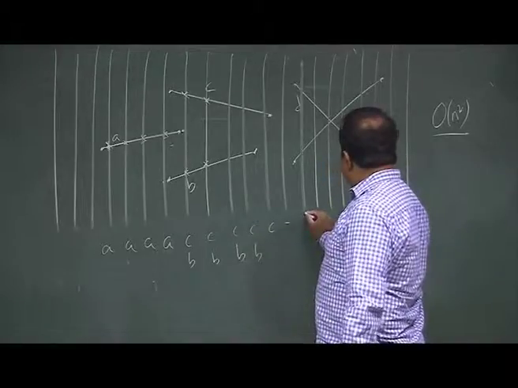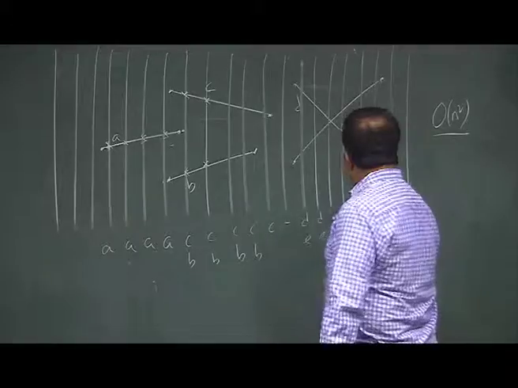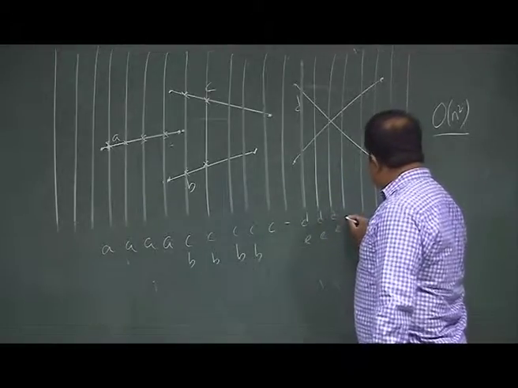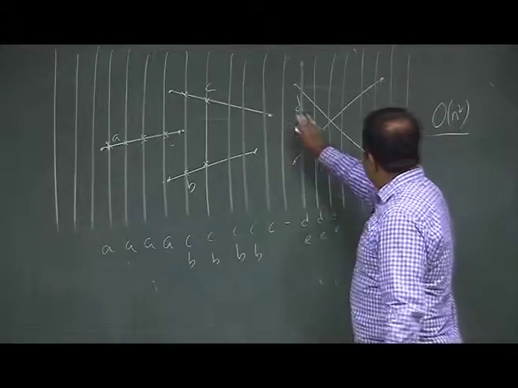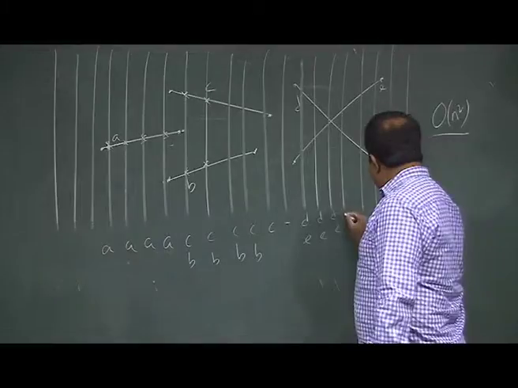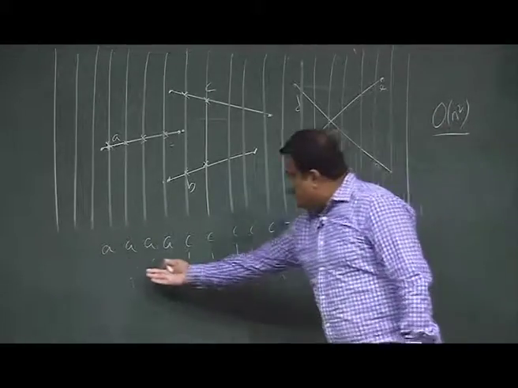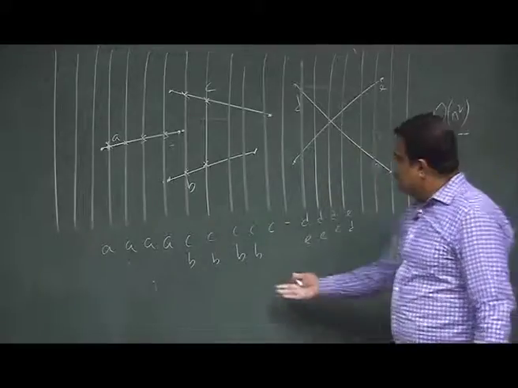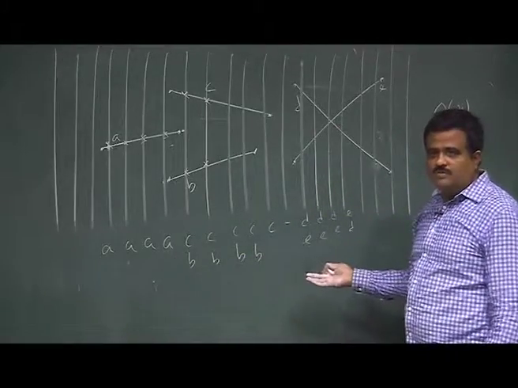Then this is basically DE, and this is also DE. Sorry, this is D, this is E, say. This is basically ED. Okay. So we maintain a dynamic set S for storing these y values.